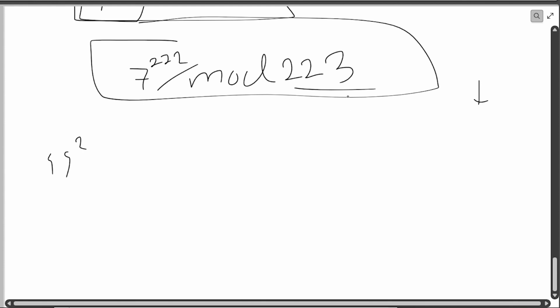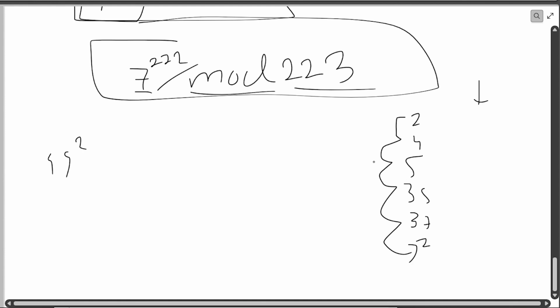So maybe 7 to the power mod 23 might have some cycle, and then you get to know that this is repeating every 6 times. So you divide this by 6 and so on. Too long. You can't keep on doing that in your exam.